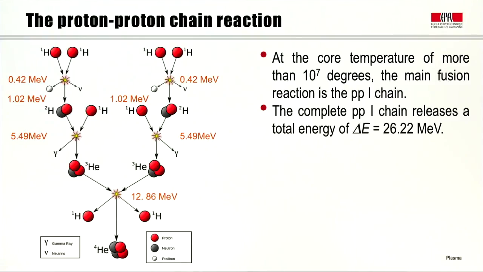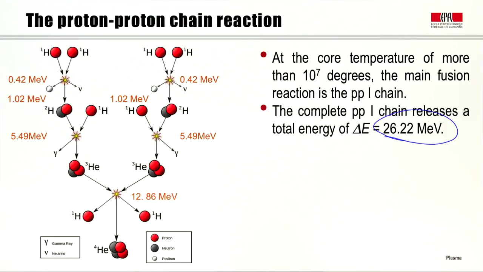The reaction also produces neutrinos, which escape, carrying away part of the energy, and 2 positrons. The net result of the pp1 chain is the release of a total energy of approximately 26.22 mega electron volts. How long can the Sun radiate its luminosity by using this source of energy?